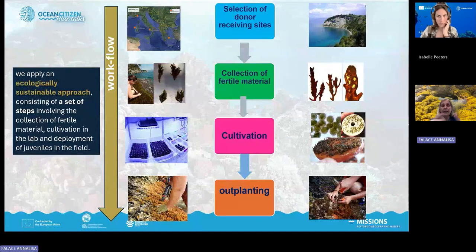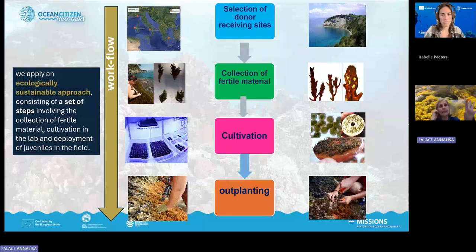Here you can see the workflow we apply for the restoration of this macroalgal forest. So there are several actions. We start from the selection of the donor and receiving site.